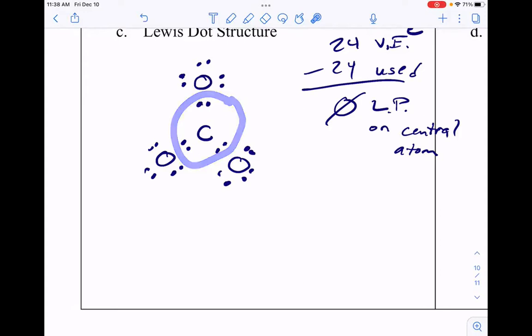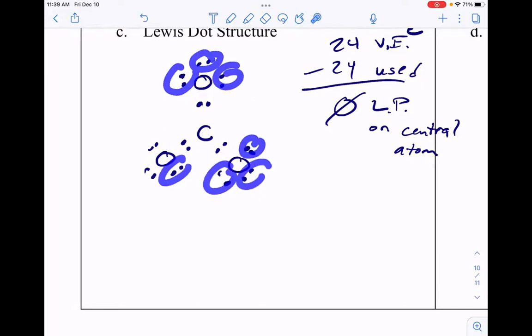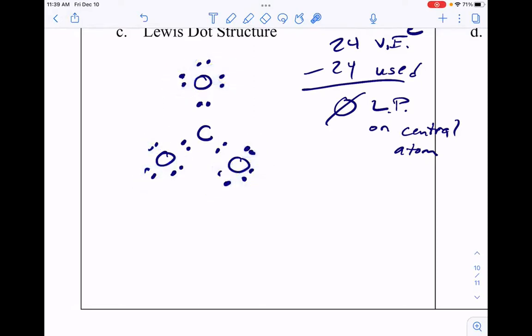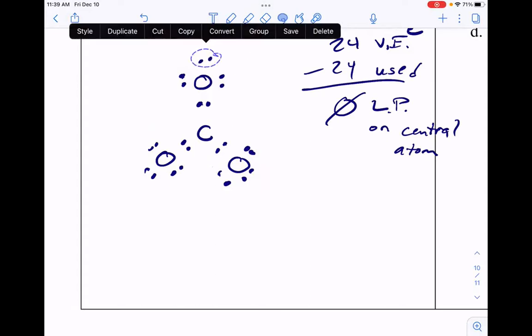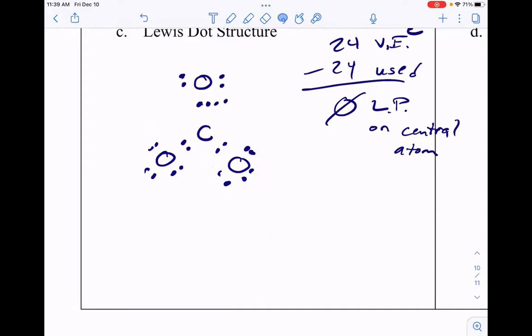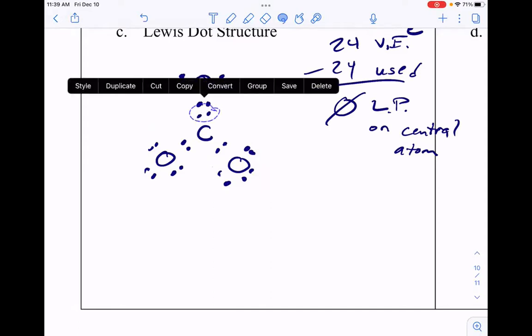There are so many sources of lone pairs from oxygen that you can choose from. It doesn't matter which oxygen because they're all the same. So just choose one and move a lone pair between carbon and oxygen. I'm going to choose the oxygen at the top and move it between that oxygen and the carbon.